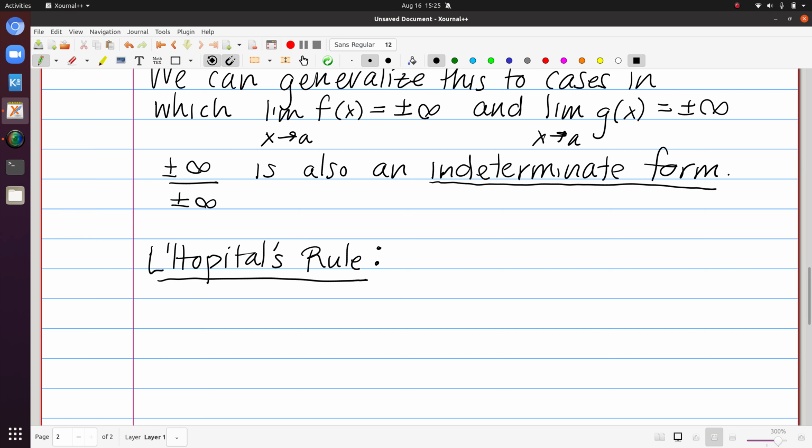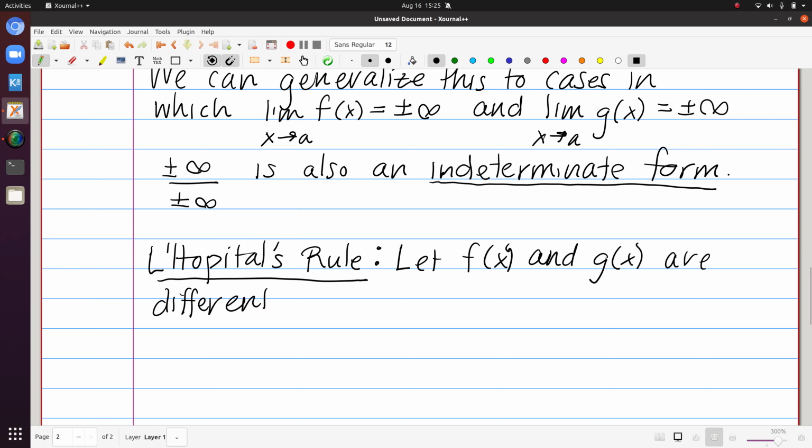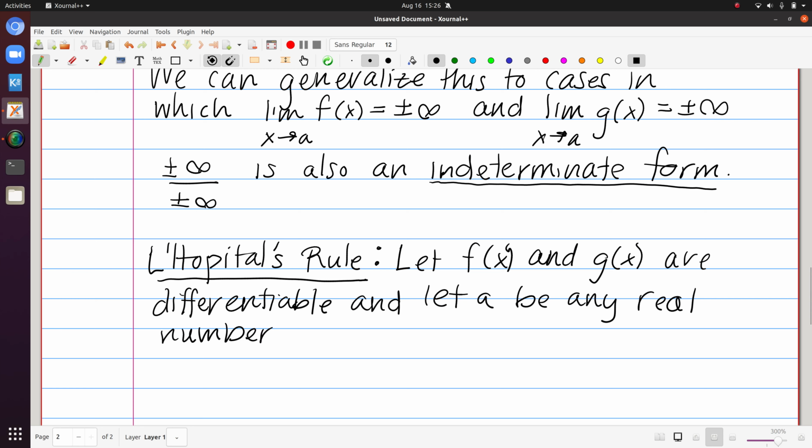Okay, L'Hopital's rule. The assumptions we're making is that our two functions, f and g, are differentiable. And in terms of our limiting value a, we're going to let a be any real number or possibly plus or minus infinity. Now we've established these two categories of indeterminate forms.